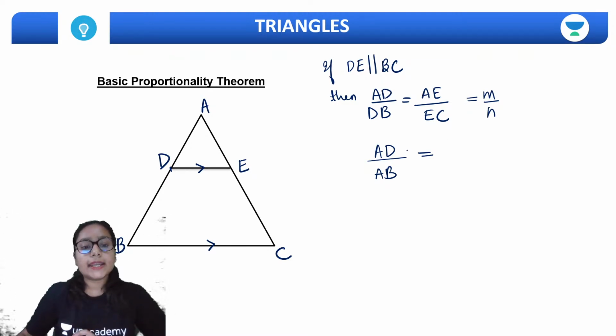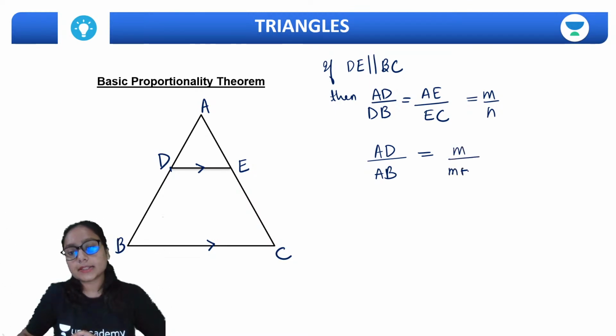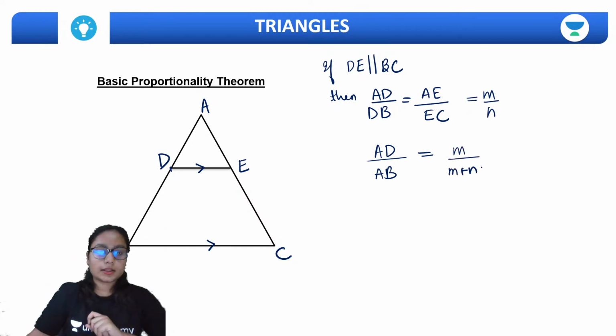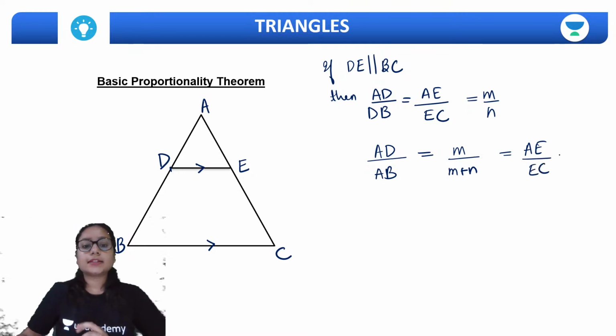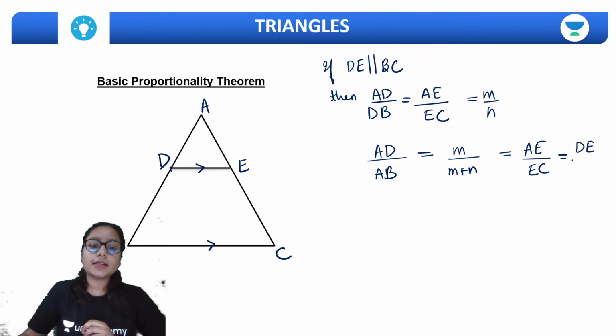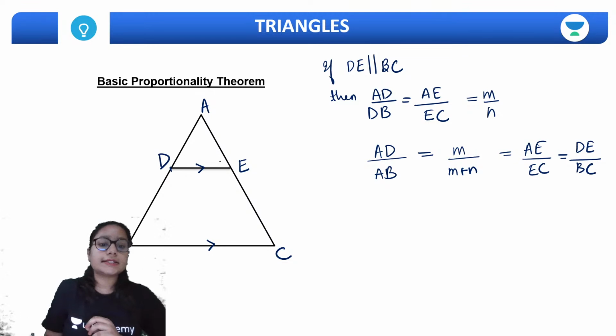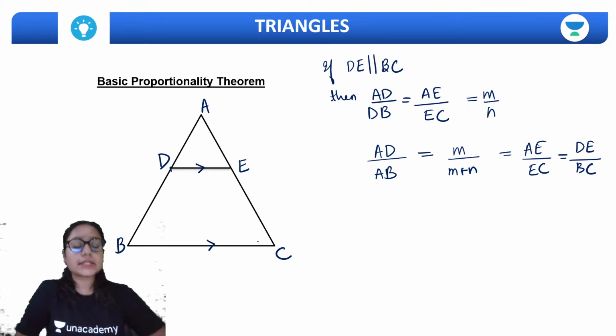Correct. So AD upon AB will be equal to m upon m plus n. Now this is the same as AE upon AC, and this is also the same as DE upon BC. The third side also. I hope this is clear.